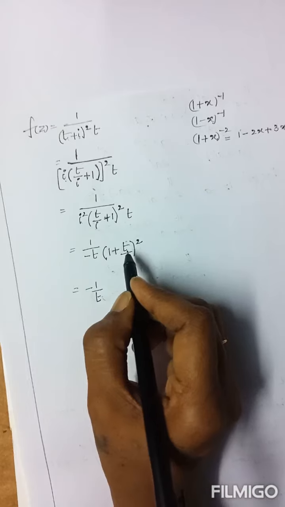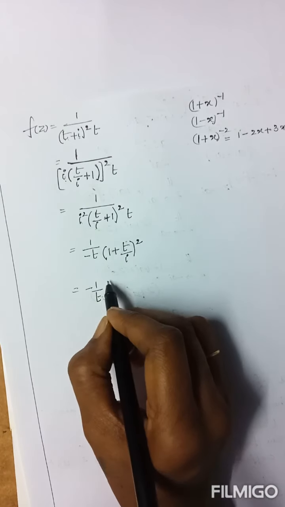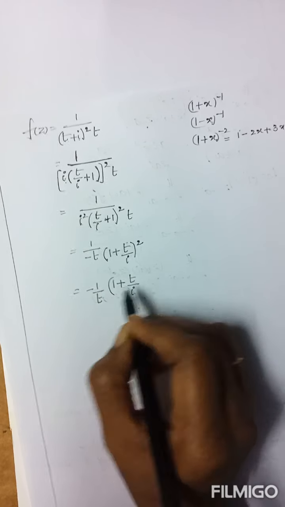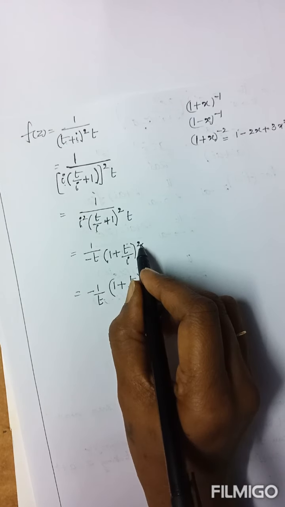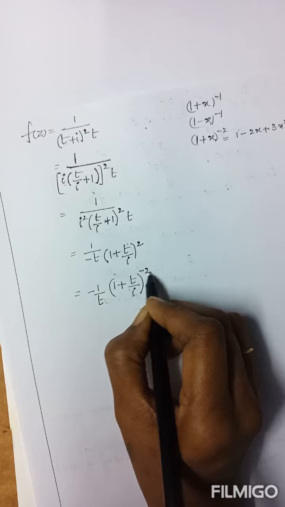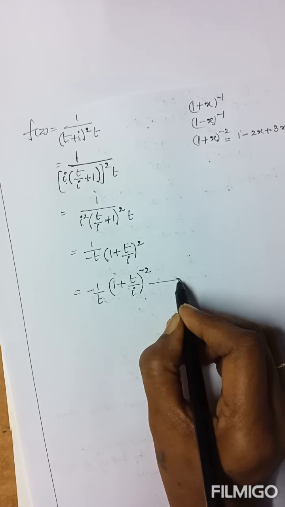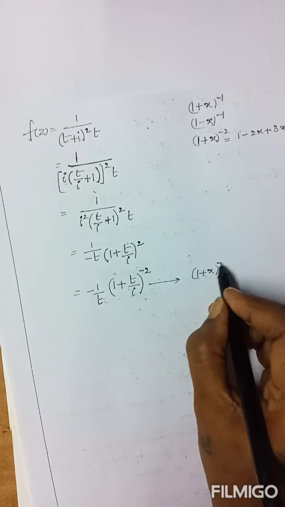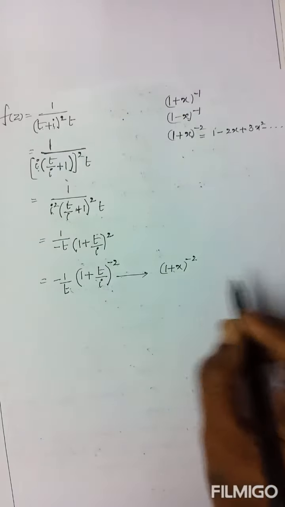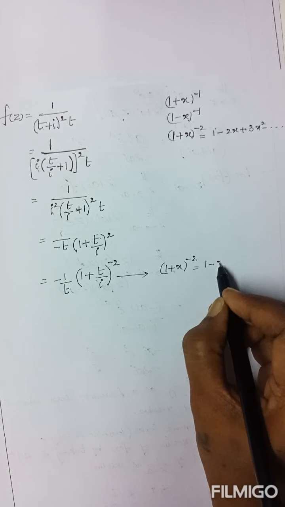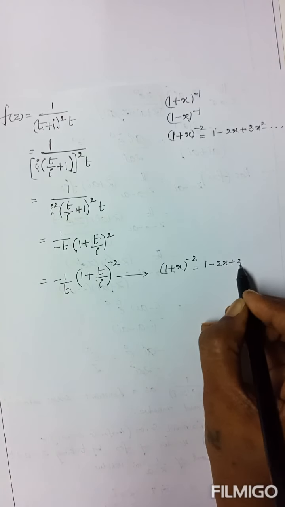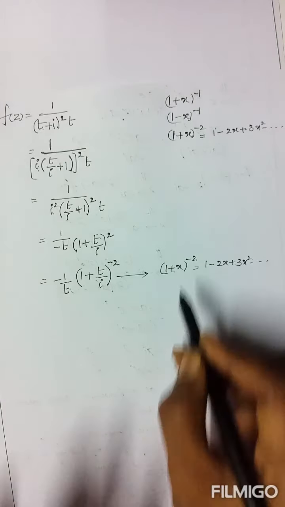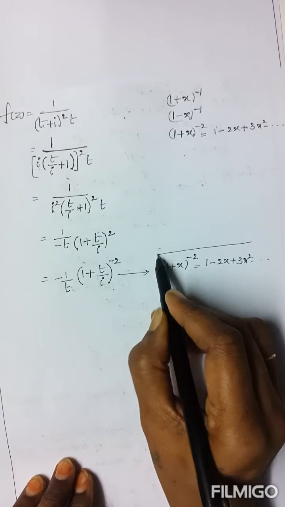Now you can write this factor in the numerator, (1 plus t by i) whole to the power of, then the power sign will be changed, as minus 2. Now this is exactly similar to the (1 plus x) whole power minus 2 form. Its expansion is 1 minus 2x plus 3x square minus and so on. This is called an infinite series.